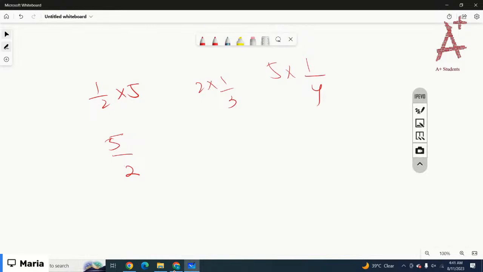Then 2 times 1 is 2, 2 over 3. 2 is less than 3. That means this one is less than 1. 5 times 1 is 5 over 4. 5 is greater than 4. That means 5 by 2 and 5 by 4 are greater than 1.